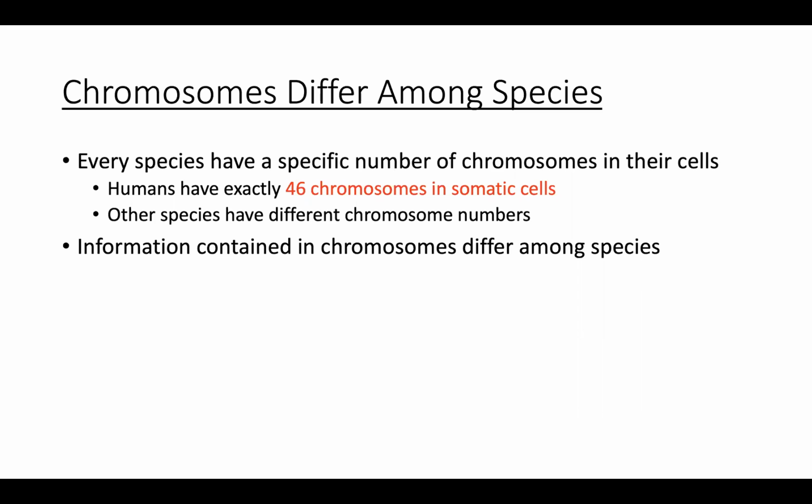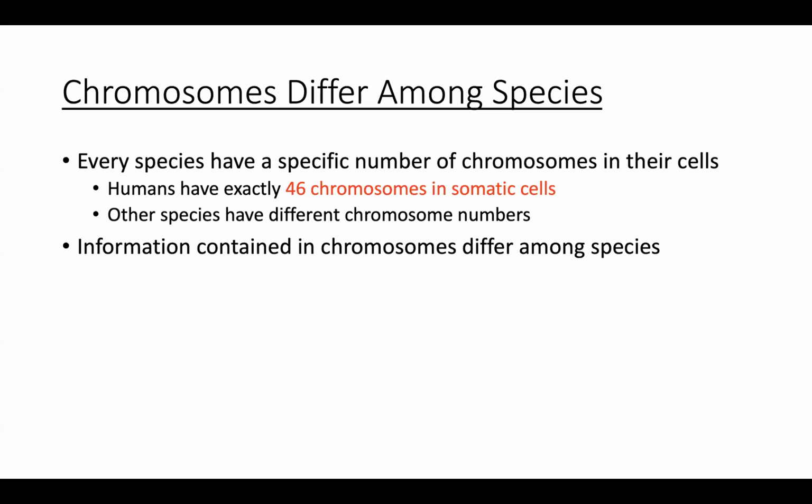Now, let me ask you this. Are there situations where we don't find this number 46 in our somatic cells? Yes. Is that a good thing or a bad thing? Bad. Why is it bad? Because then it causes genetic, what is it called?